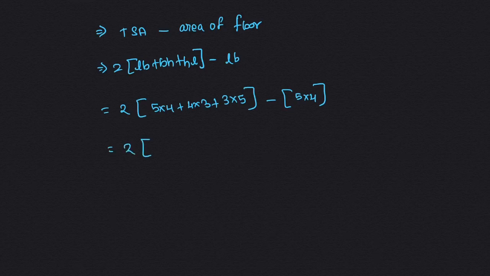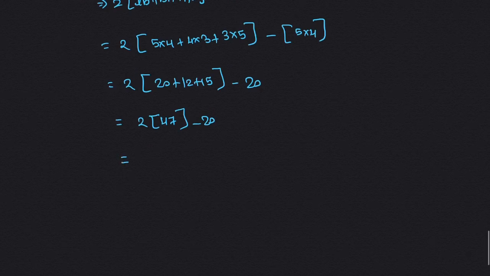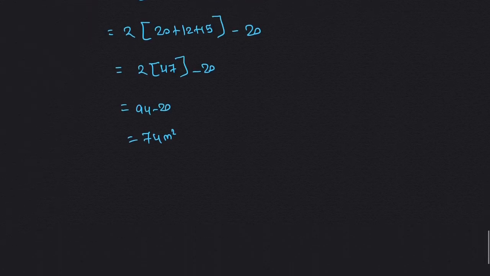So 2 times (20 plus 12 plus 15) minus 20. So 2 times 47, then minus 20. We are getting 94 minus 20 equal to 74 meter square. So this is the paintable area, the 4 walls and ceiling.